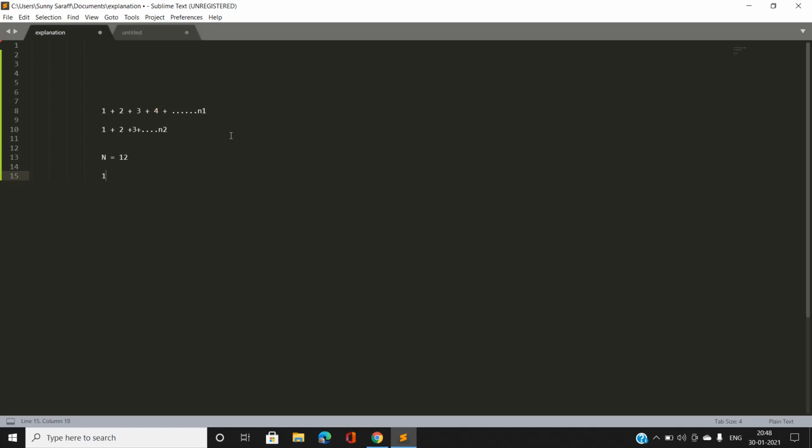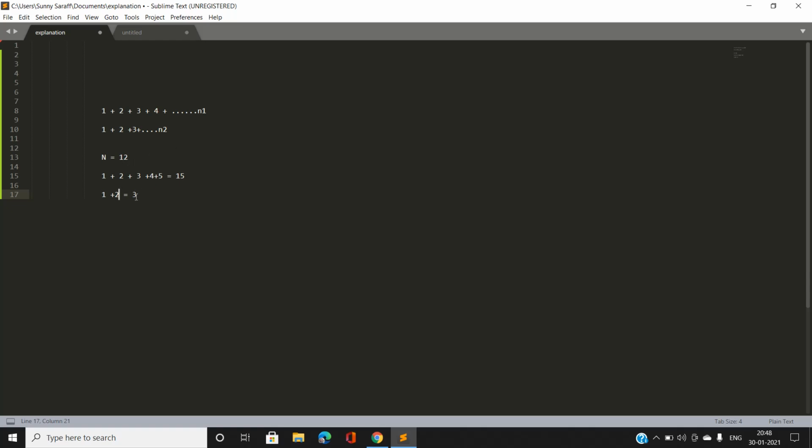For n1 we have 1 plus 2 plus 3 plus 4 plus 5, that is equal to 15, and 1 plus 2 is equal to 3. When you subtract these two values, the sum of the first n1 numbers, which is 15, and the sum of the first n2 numbers, which is 3, you get 15 minus 3, which is 12.